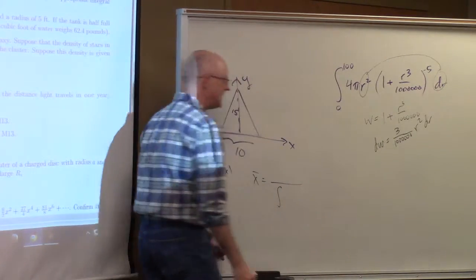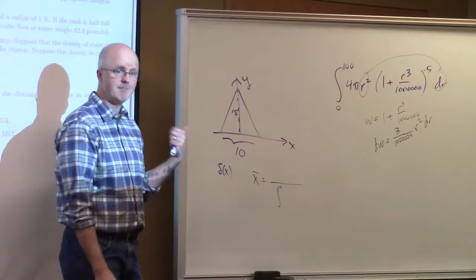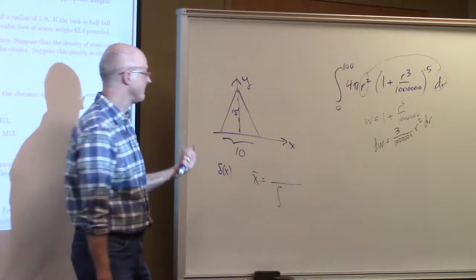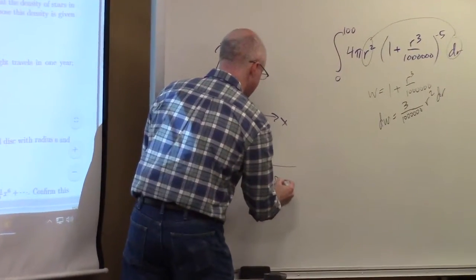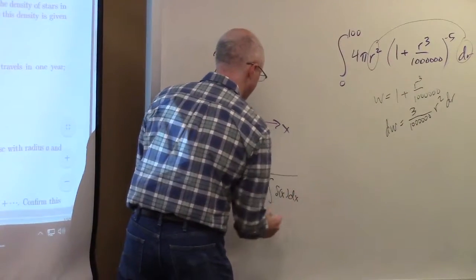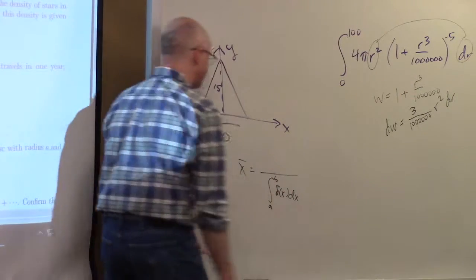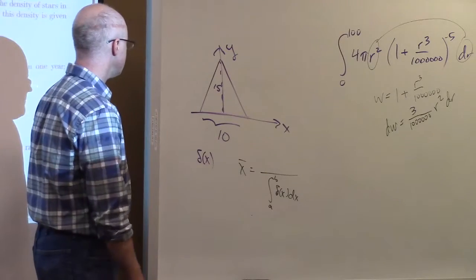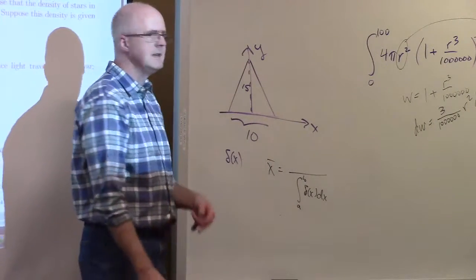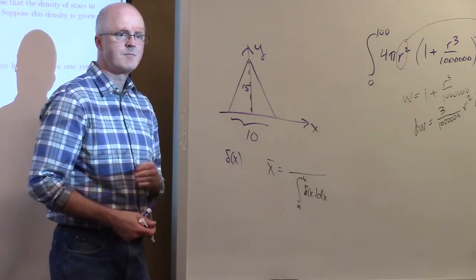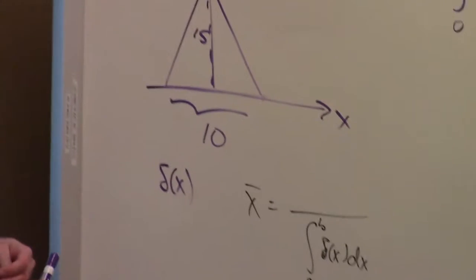The bottom integral is the integral that gives you the mass of the object itself, the integral of delta of x from a to b. And the upper integral is going to give you the moment in the x direction.